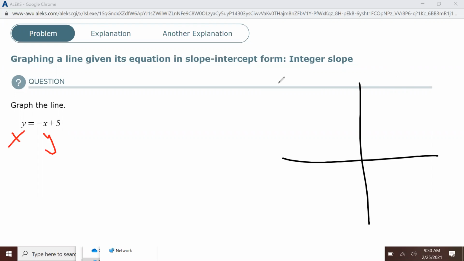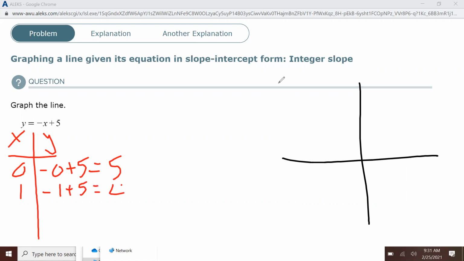So I could plug in some x values like 0, and 1, and then I can plot those 2 points: 0, 5 and 1, 4. And then I can play dot to dot, draw the line, and I'm done.